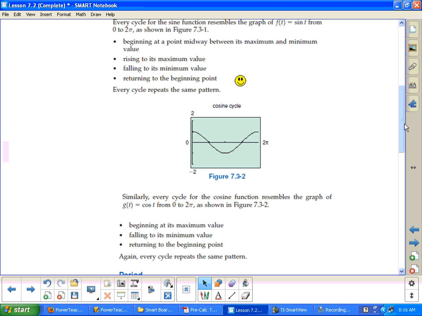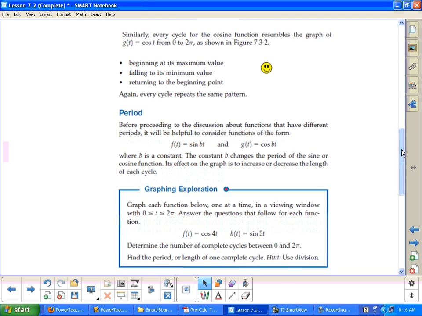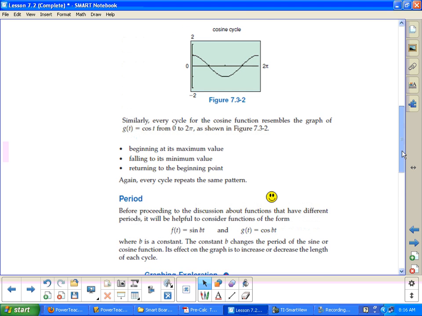Cosine starts at the max, falls to the minimum, and then returns back up there again, and repeats that same pattern over and over again. So we're going to talk about period, and period is how long it takes to repeat itself. For the standard sine and cosine functions, the period is 2 pi because they repeat themselves every 2 pi units.